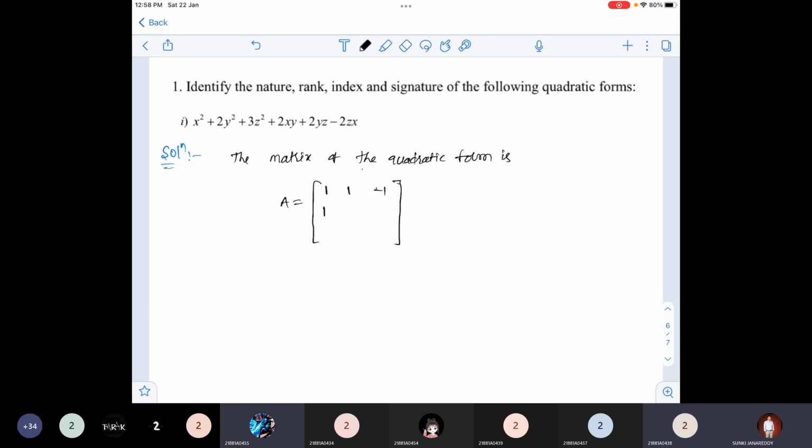Here 1, here 2, 2. Next 1, 1. Here it is the yz, 1. Then minus 1, 1, 3. Okay, it is a symmetric matrix, right?